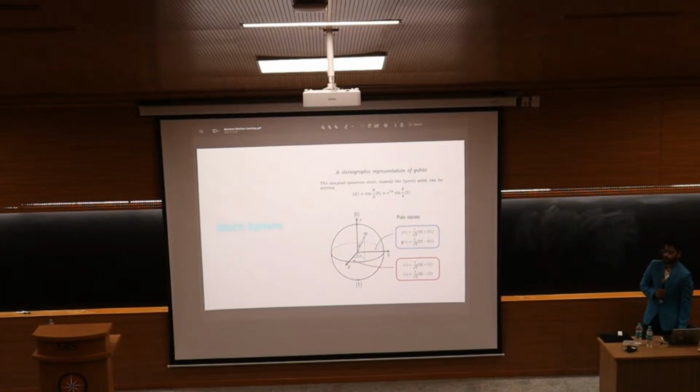If you want to remember what lies at what point, what you can easily do is, first of all, the coefficient of 0 is always 1 inside the bracket. There is always a 1 by root 2 term here, and only the coefficient of 1 is changing everywhere. Rest everything is the same. You can see the coefficient of 1 is here +1, here it is -1, here it is plus iota, here it is minus iota.